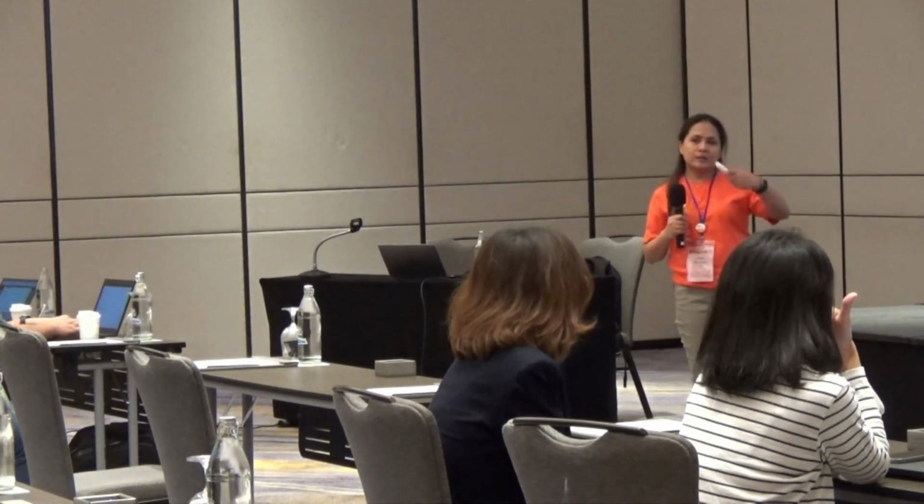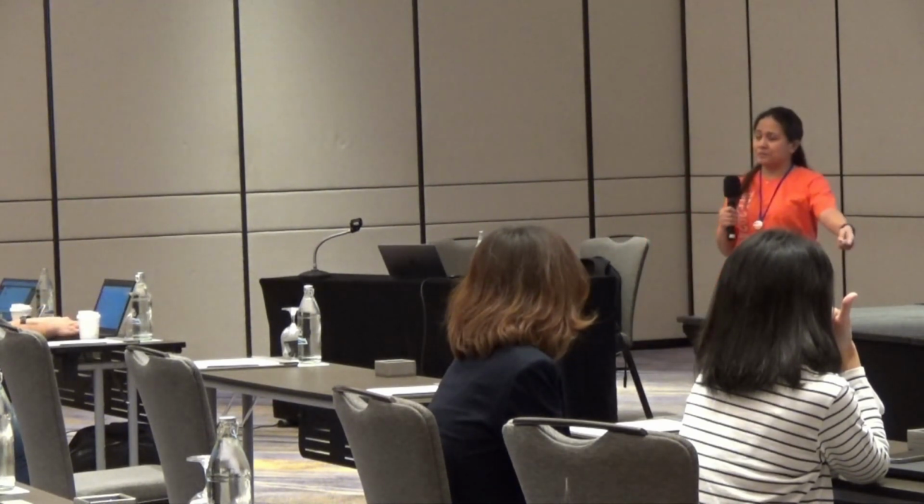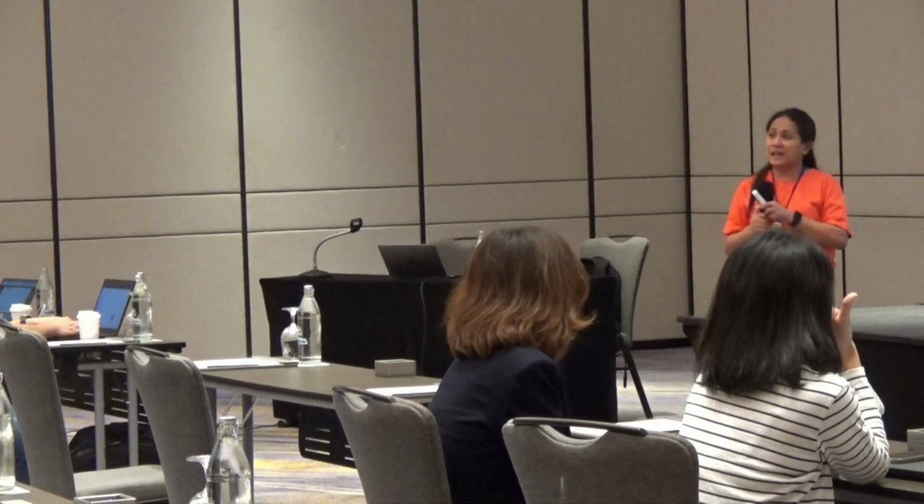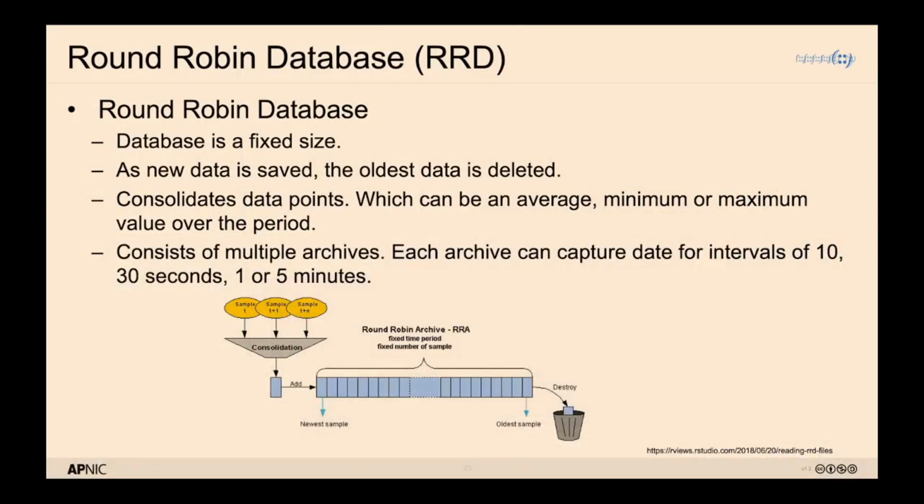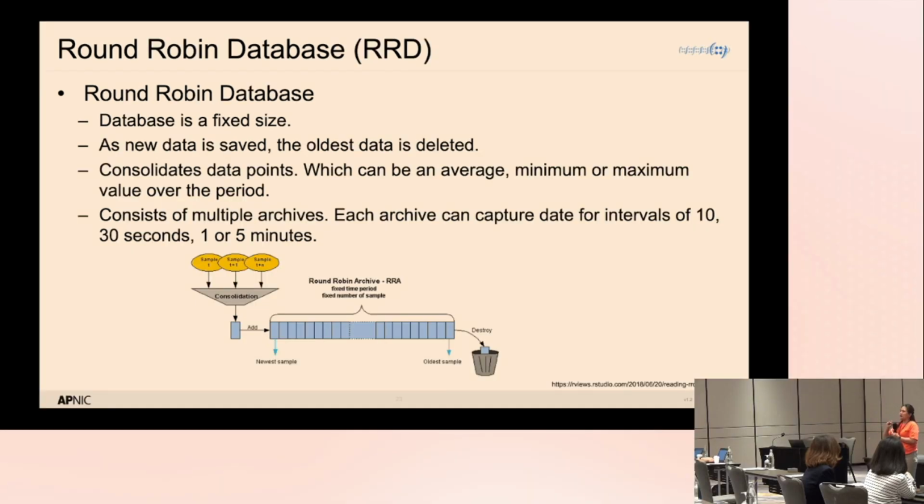So it looks at time series data, meaning time-sensitive information. As you know, logs: what is the current value of CPU usage or temperature or whatever at this time period, whether this minute or the next minute after that. That is part of your time series. And that is stored in your round robin archive, or the RRA.